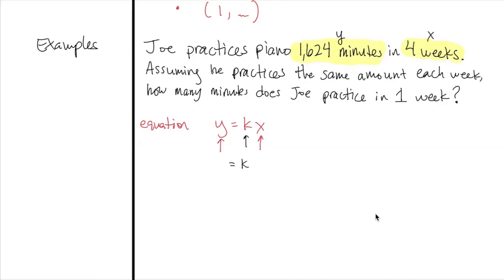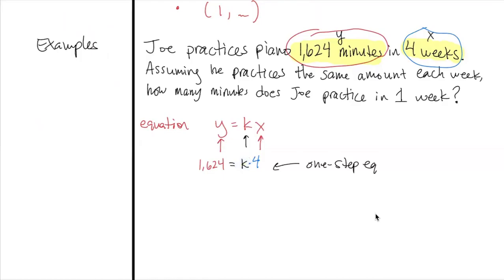So k is still going to be k. But now, for 4 weeks, I'm going to multiply by 4. Put a 4 for x, and then 1,624 minutes for y. My goal is to find that constant of proportionality. How much does it change by each week? This is just a one-step equation.